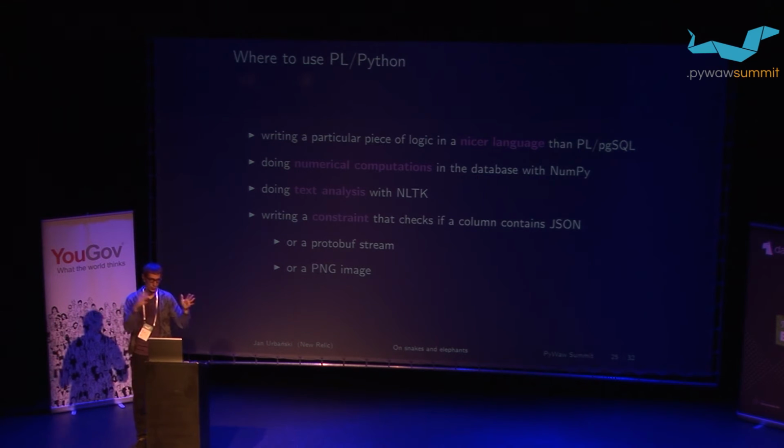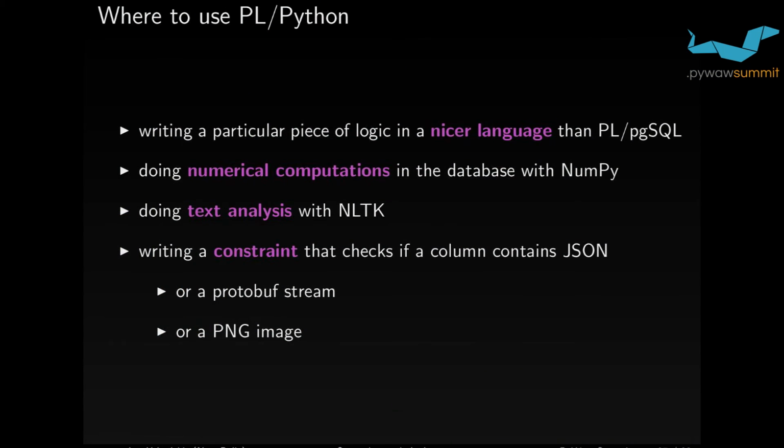You can just use them where the data is without shipping out raw data outside of the server. You can check if a column contains a valid protobuf stream. So we can have a check constraint that tries if the column is valid protobuf objects. I know that some people are, for instance, storing protobuf objects, treating it as a cache or whatever. You can do all those things.